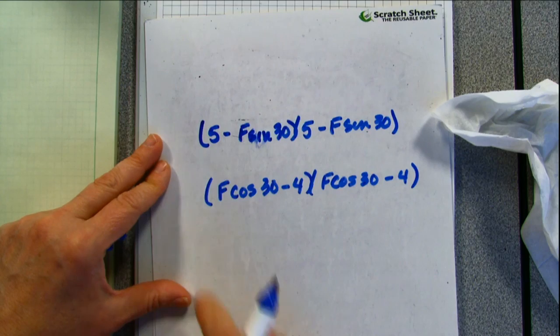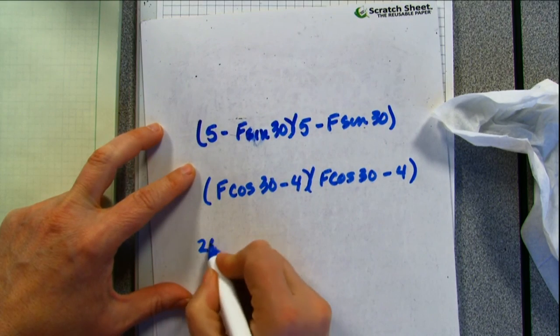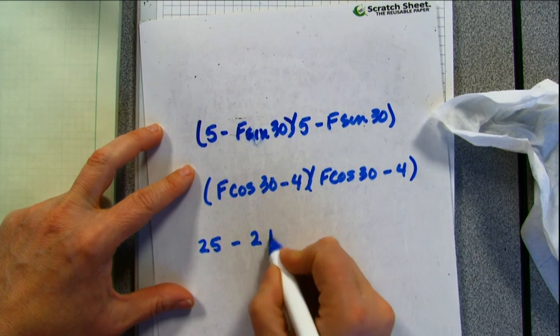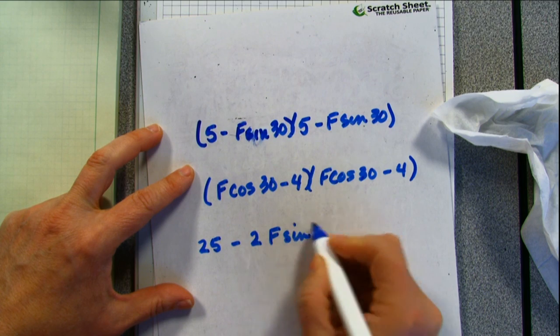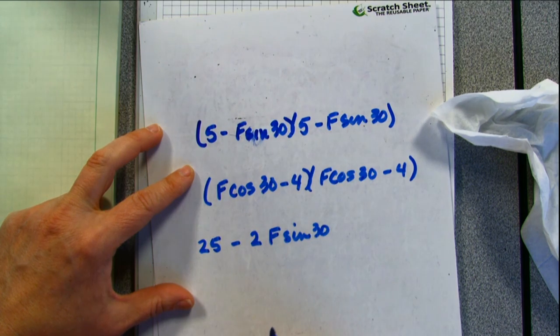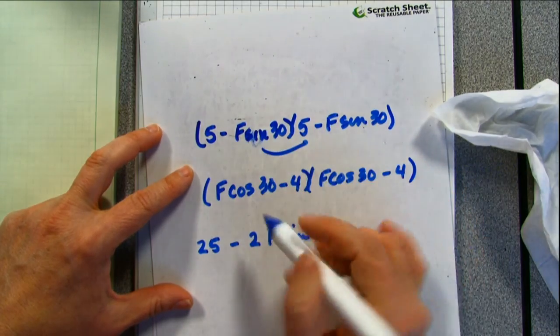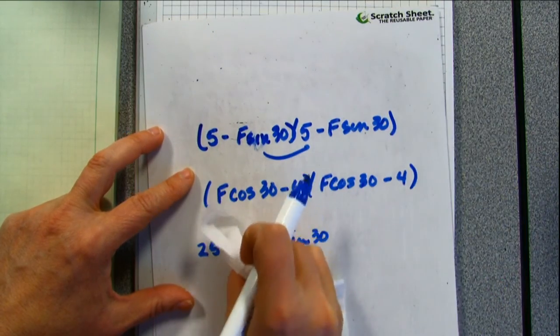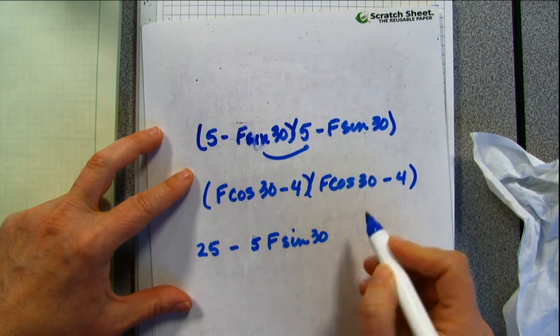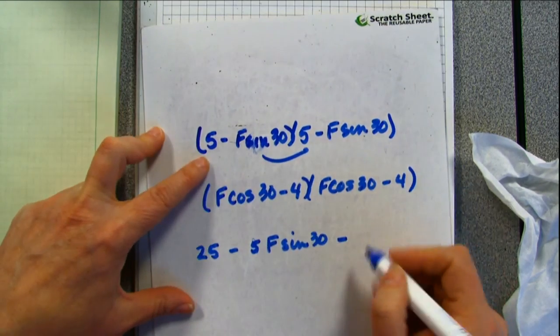Right? So I'm going to end up with 25 minus 2f sine 30, right? Or no, I end up with, should be 5. I end up with 5 on that one, and I end up with another 5 on the other one, right?